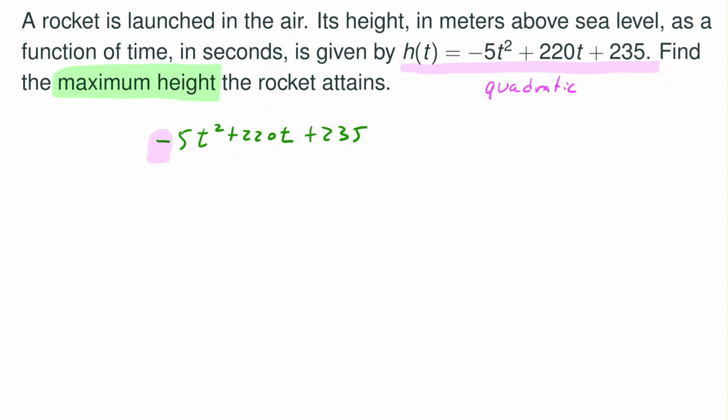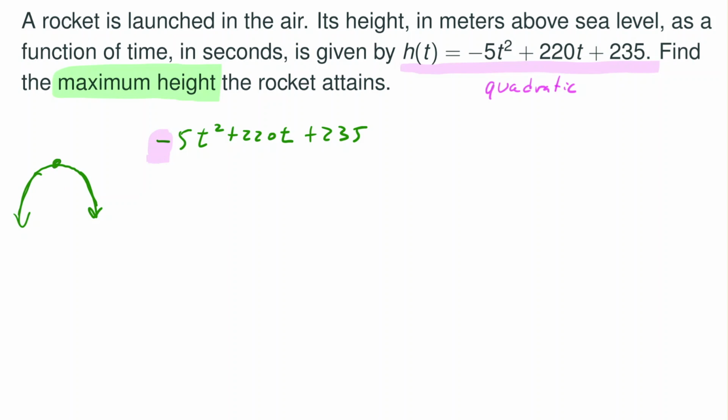When the term with the highest degree is negative, we know that the end behavior of this function is something like this, go down. But because this is a quadratic, it will actually just be a parabola like this.